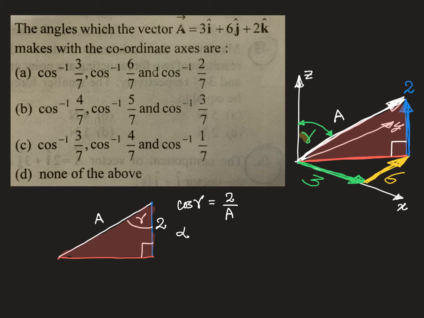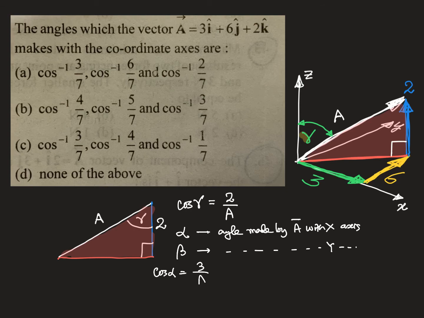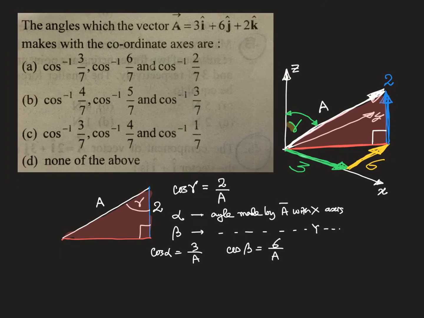Similarly, alpha is the angle made by A with the x-axis, and beta is the angle made by A with the y-axis. Similarly, cos alpha is equal to 3 by A, and cos beta is equal to 6 by A. What is the magnitude of A?